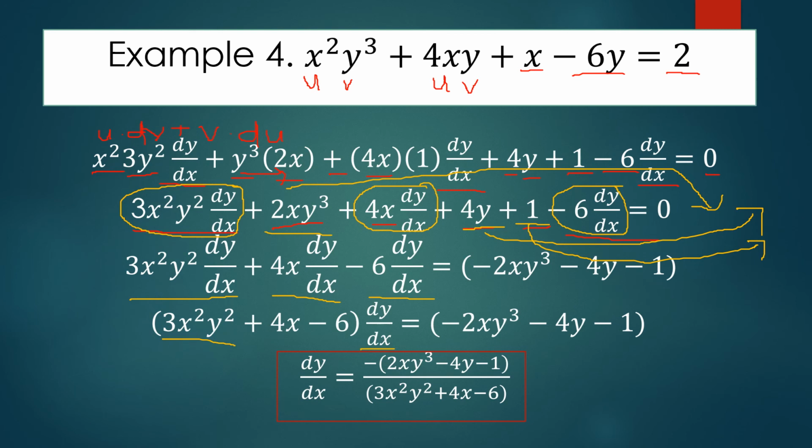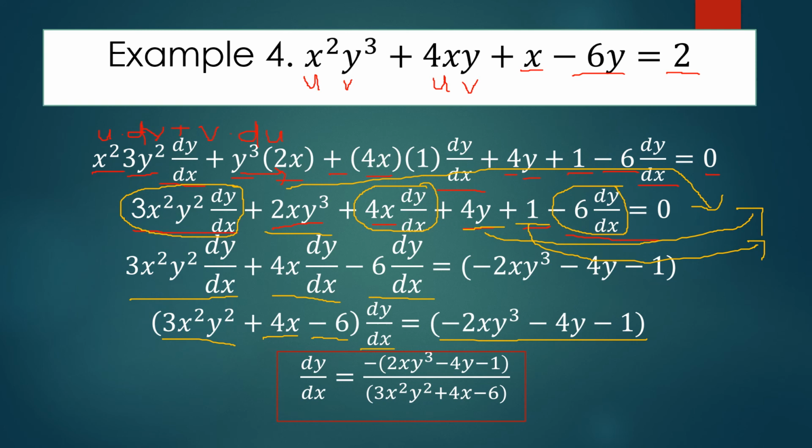Next, 4x dy over dx divided by dy over dx is equal to 4x, and negative 6 dy over dx divided by dy over dx is equal to negative 6 is equal to, just bring down the expression in the right side of the equation, and now let us divide the expression beside dy over dx para makuha natin yung value.